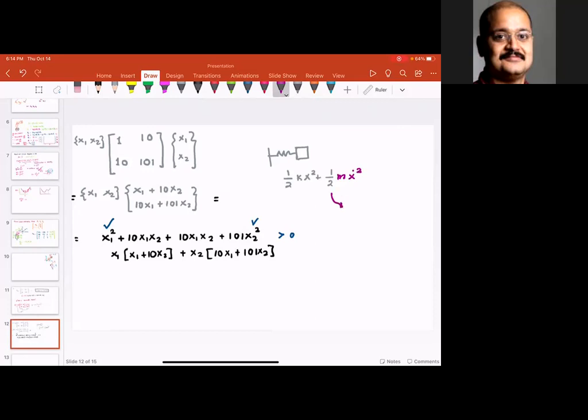Believe it or not, this is nothing but this, x dot, x dot, and there is a half term here that is floating around. So you would observe that this quadratic form is another way of expressing the energy of the system.